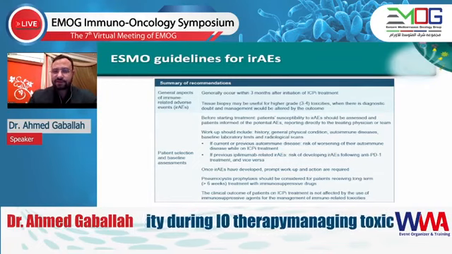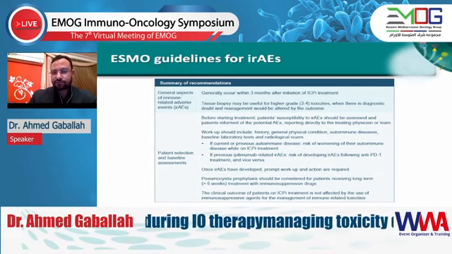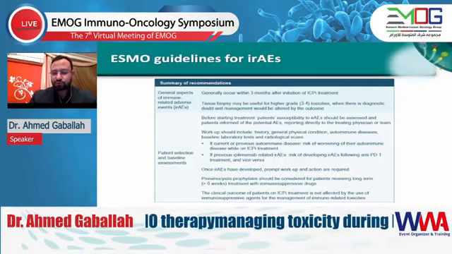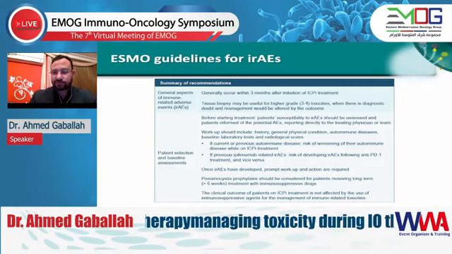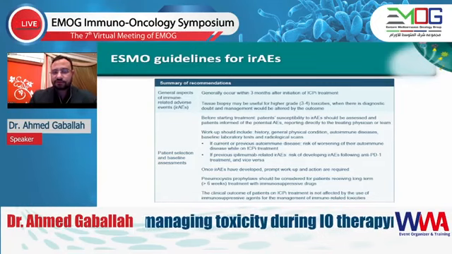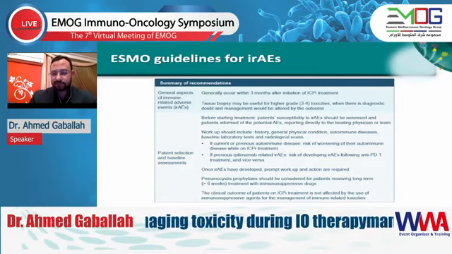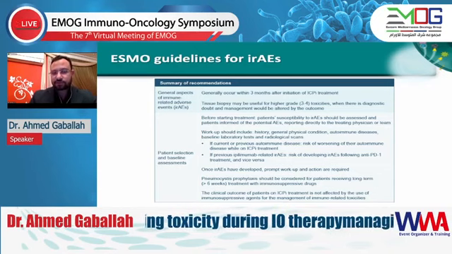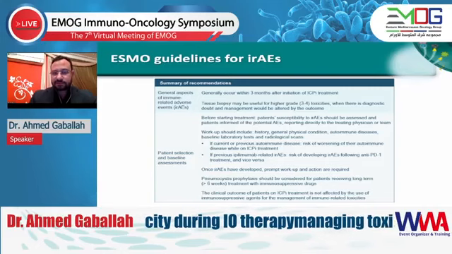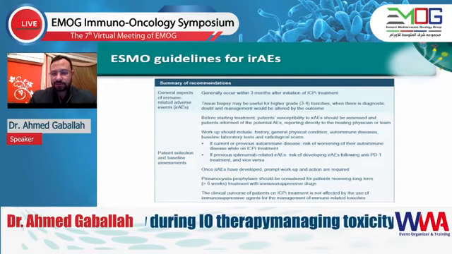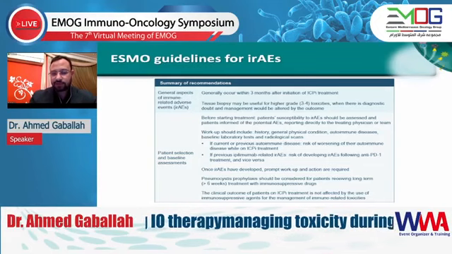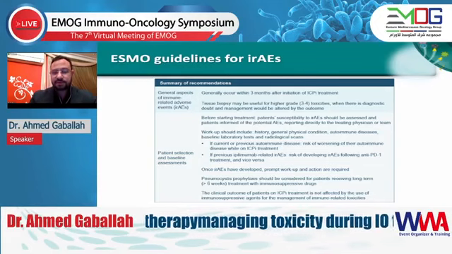Sometimes in extreme cases, high-grade toxicities, grade 3 and 4, biopsies from the organ may be needed to confirm the diagnosis of an immune-related adverse event, and that it is not another disease. Also, patient selection before initiation of immune checkpoint inhibitor treatment should be done cautiously, for example if the patient has autoimmune disease and is on an immunomodulator or immunosuppressant.